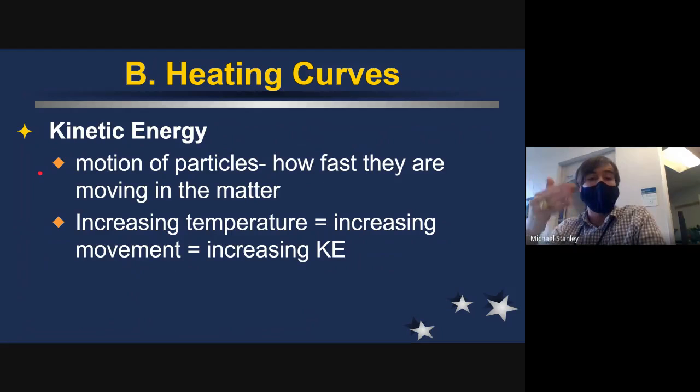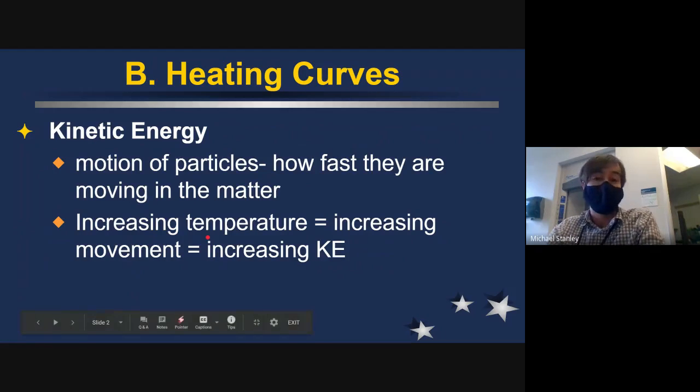And we talked about how as the temperature goes up, the movement of our particles goes up. When our particles are faster, in science we say that they have higher kinetic energy. So higher kinetic energy means that the particles are moving faster and faster, which is generally due to the temperature of our matter getting hotter and hotter.